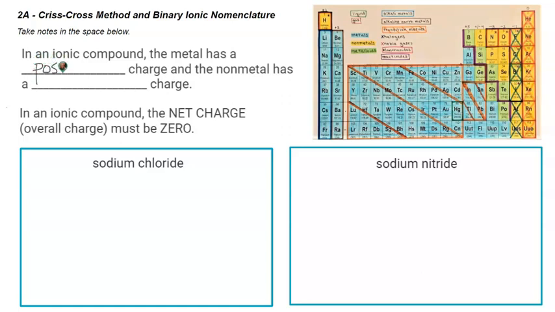Positive. Please make sure that you have this information written in your notes for later. And the nonmetal, as we've discussed before, nonmetals are anions, and so they always have a negative charge.